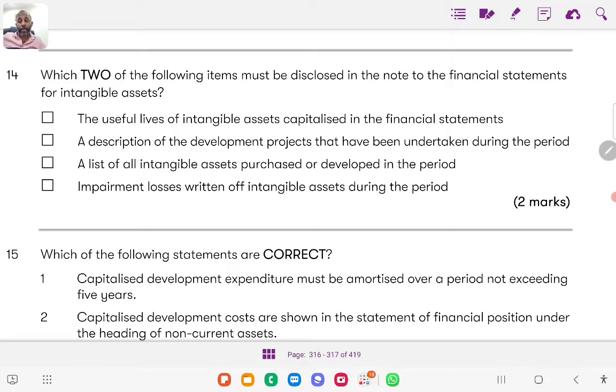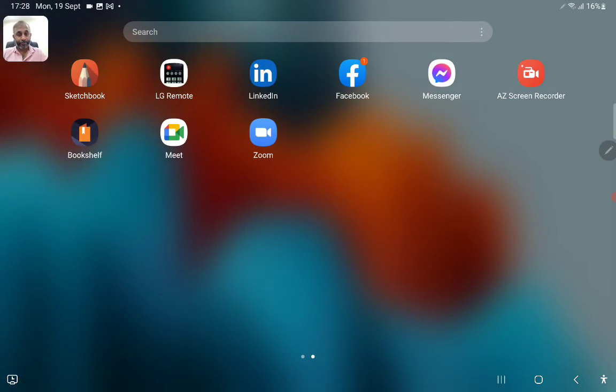The question is asking which two of the following items must be disclosed in the note to the financial statements for intangible assets. When we talk about disclosing financial information, we have to comply with the conditions stipulated in the IFRS or any given particular standard. Here, we are talking about IAS 38.